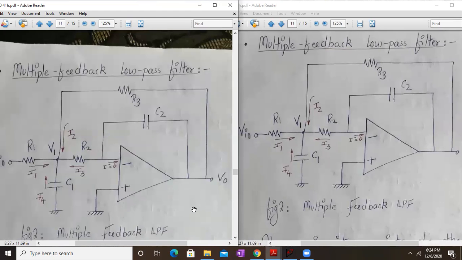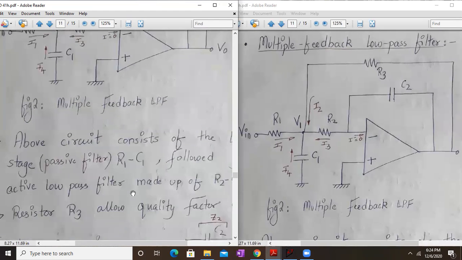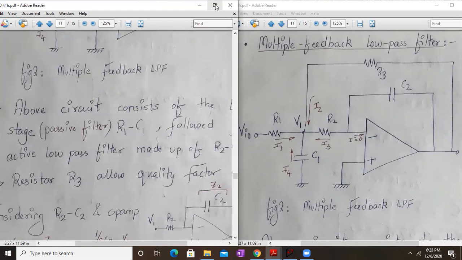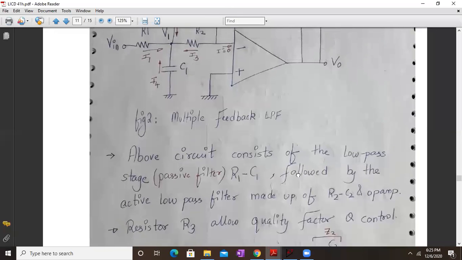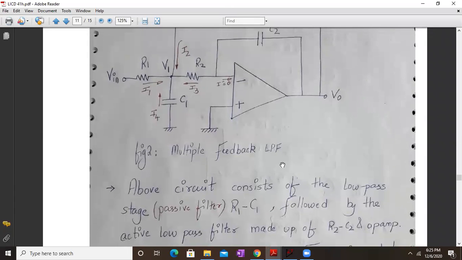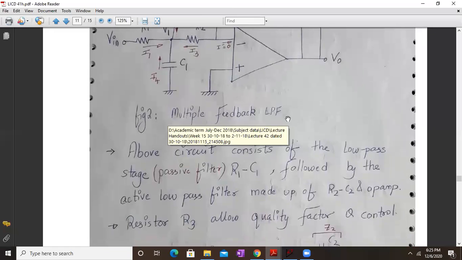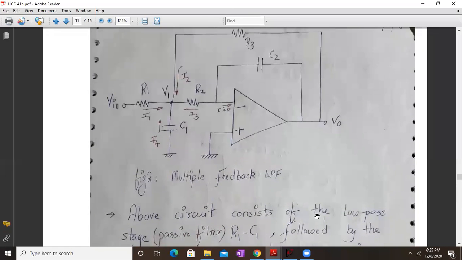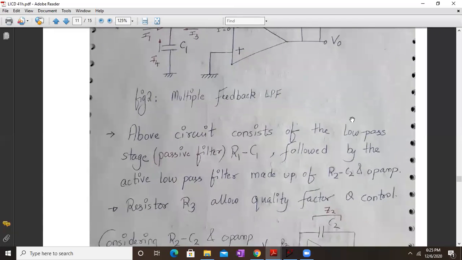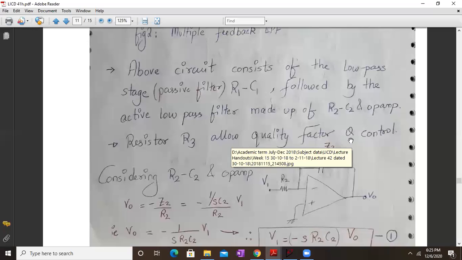So this is the circuit for a multiple feedback low pass filter, and the circuit consists of a low pass stage, that is R1 and C1, followed by an active low pass filter made up of R2, C2 and opamp. So basically this is like a first order low pass filter, right?